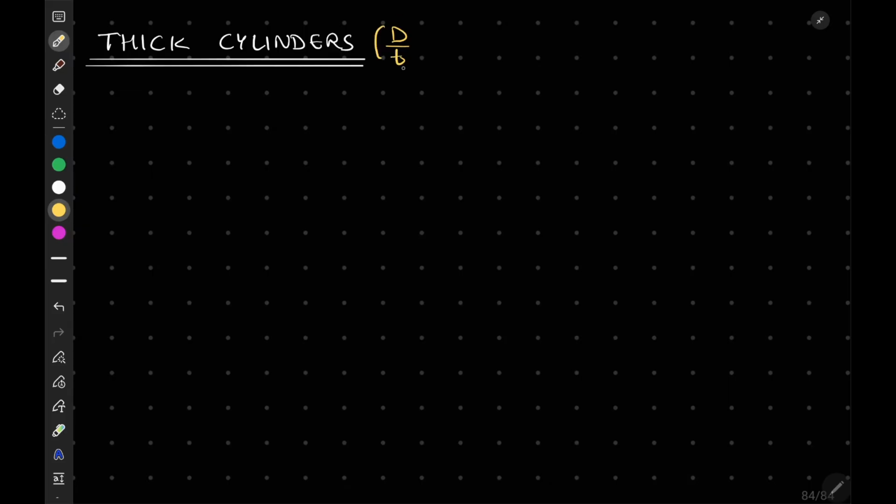So if we talk about thick cylinders, we know that for thick cylinders we have a d by t ratio less than or equal to 20.